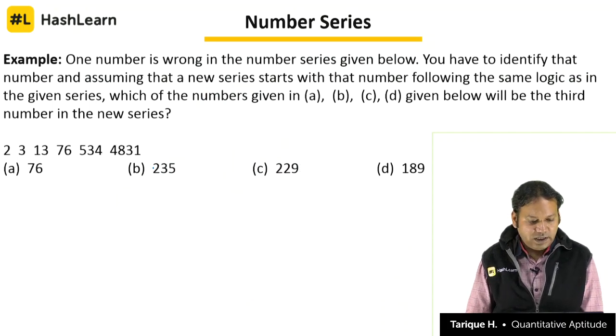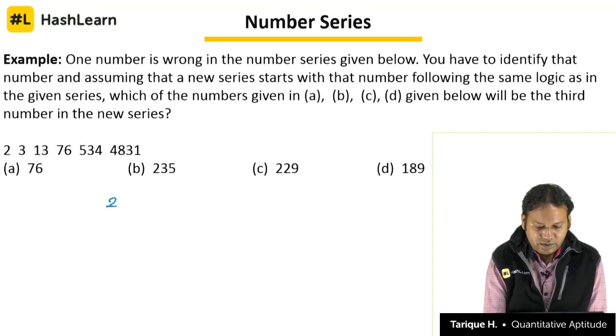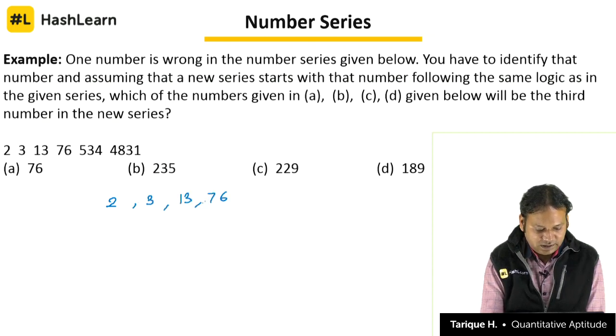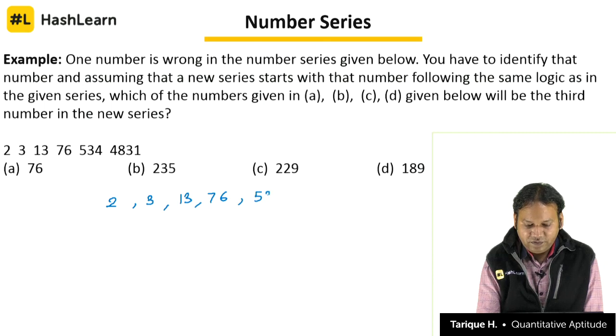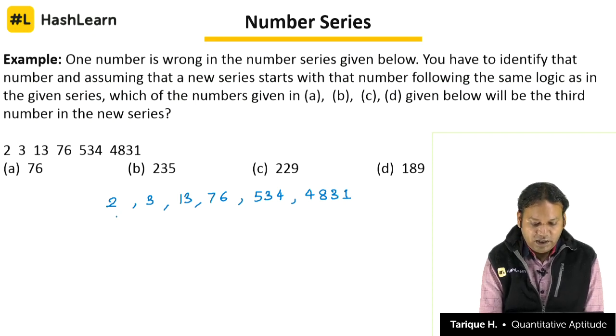Now let's go to this question here. 2, 3, 13, 76, 534 and 4831. This series is based on what concept? First we try into 1 plus 1.